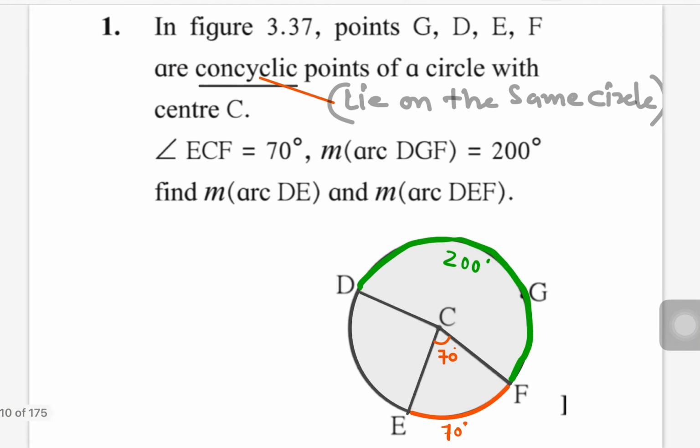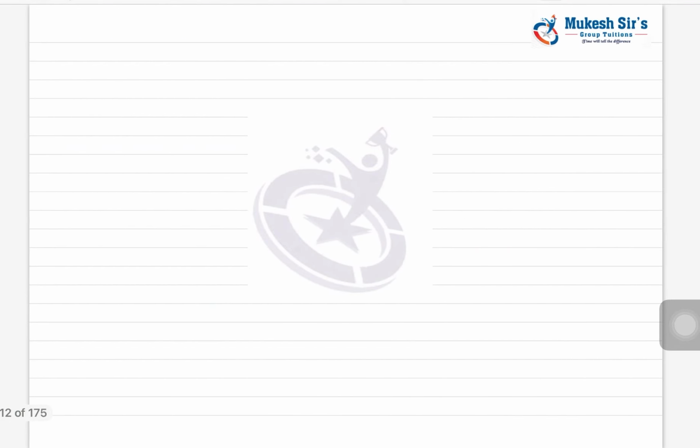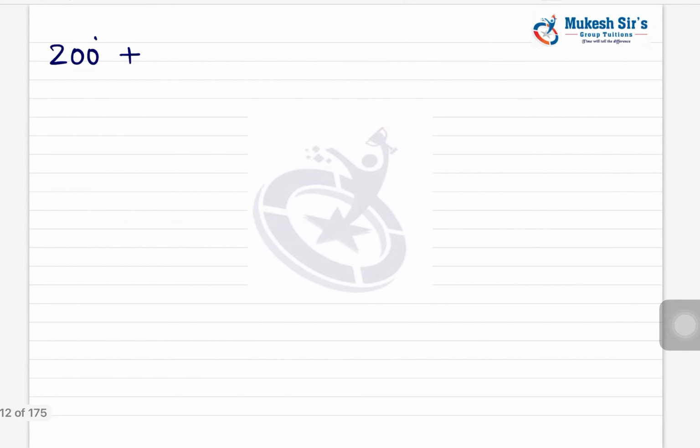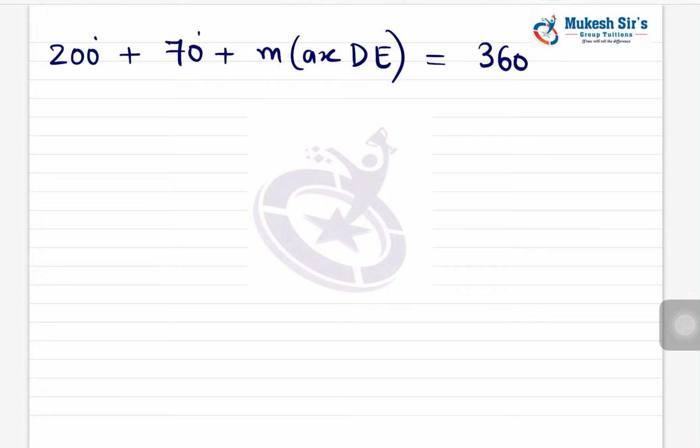है ना? तो DGF is 200 degrees plus EF is 70 degrees plus measure arc DE is equal to 360 degrees.